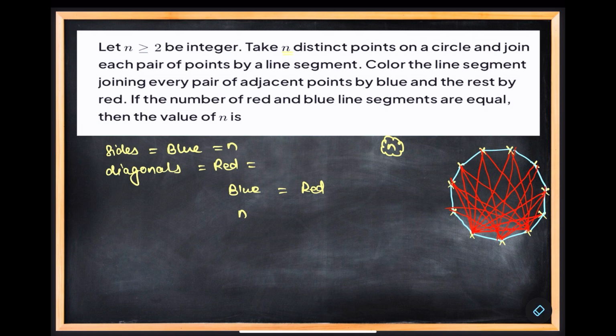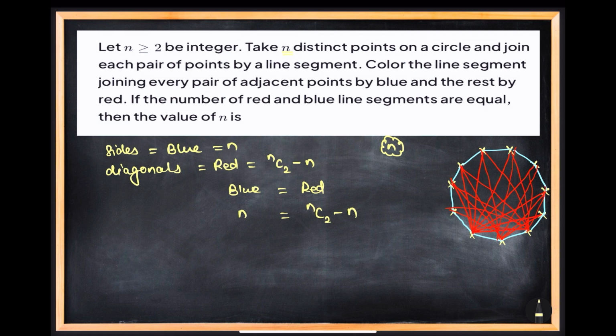And do you know that a diagonal is also a straight line? So we will find all the straight lines, nC2, and we will remove the sides. It will become the diagonals. So can I say that nC2 minus n will provide us the number of diagonals? Correct?